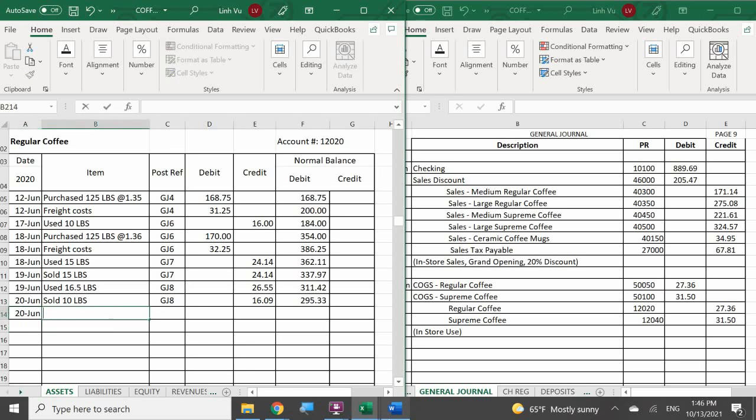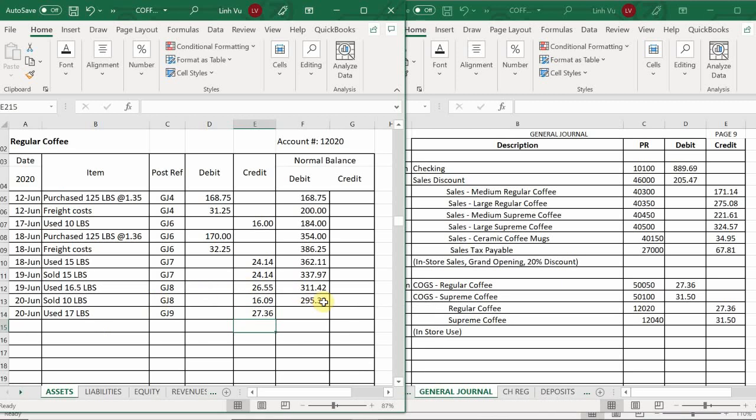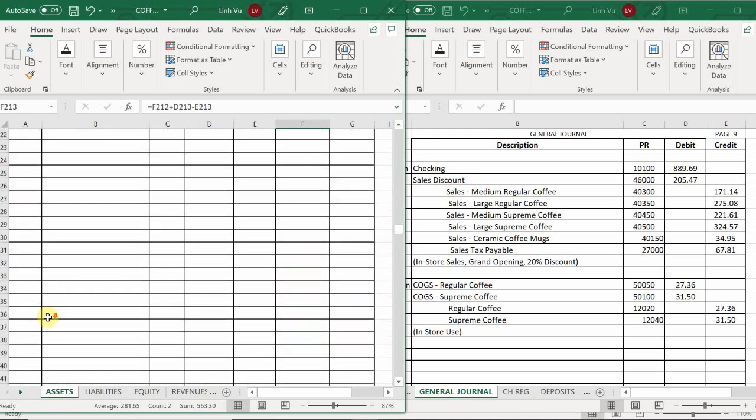Okay, so we used 17 pounds, 295.33 minus 27.36, right? It is 267.97, and it's exactly what we solved for in our inventory worksheet. Okay. Next one.